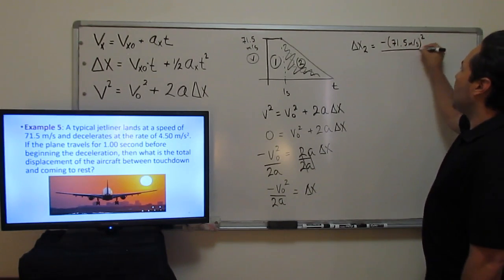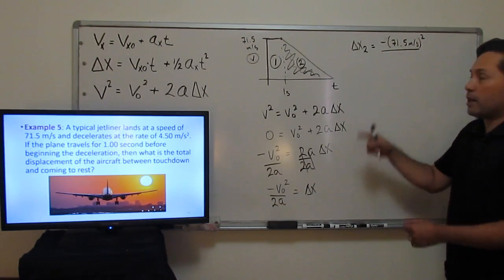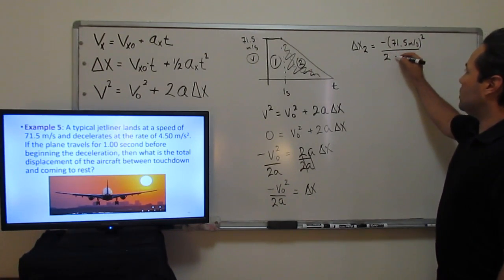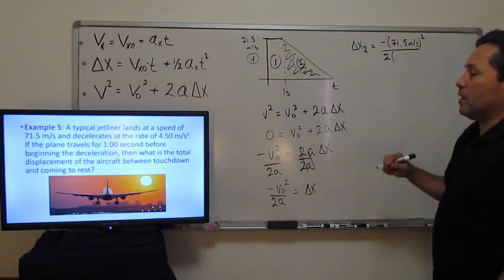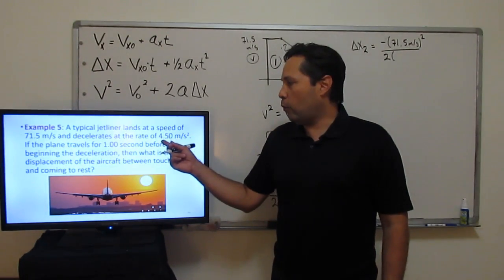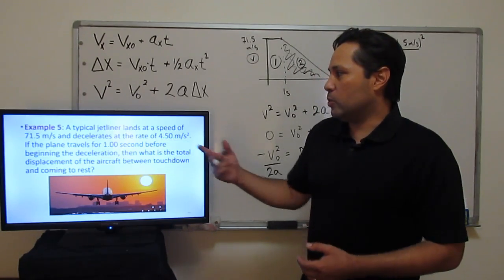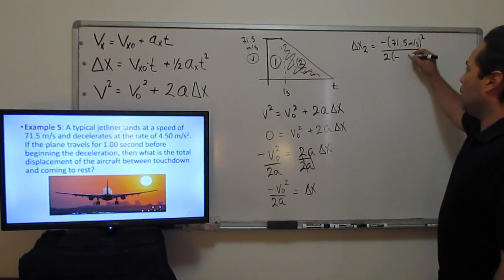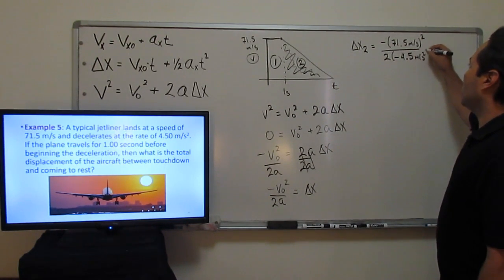We're going to square that value. Notice that the negative is outside of the square, so we're not squaring the negative. Then at the denominator, 2 times the acceleration. Now it is decelerating, it is slowing down, so though they wrote here 4.5, they do tell us that it's decelerating, so therefore it's negative acceleration. So it's negative 4.5 meters per second squared.